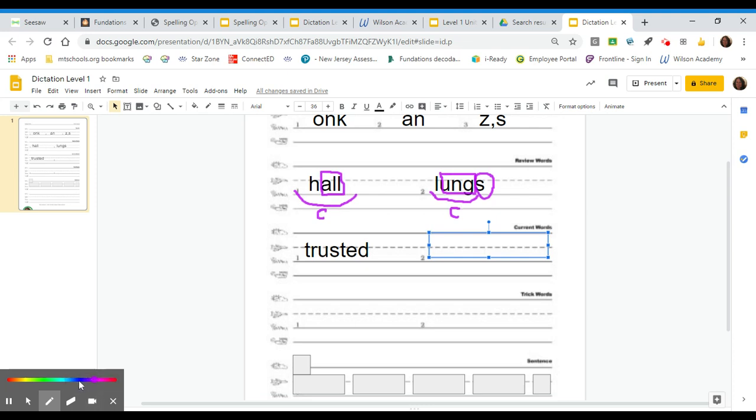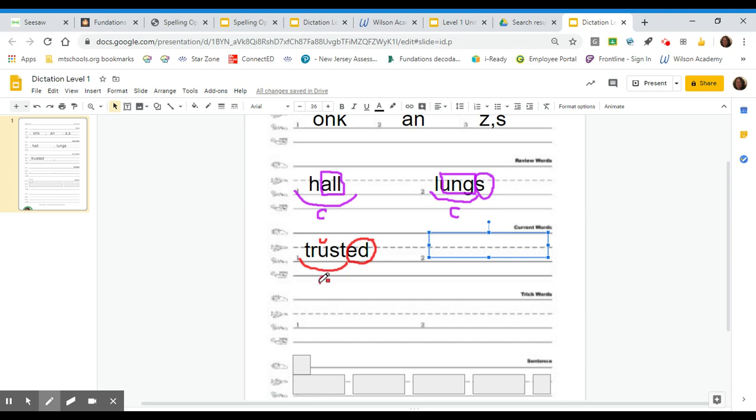Now for our markup, you're going to begin by scooping your base word trust and circling that suffix, ed. And then I want to look at my vowel, and I know my vowel is short, so it's going to get a breve.